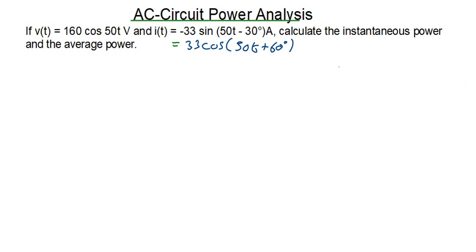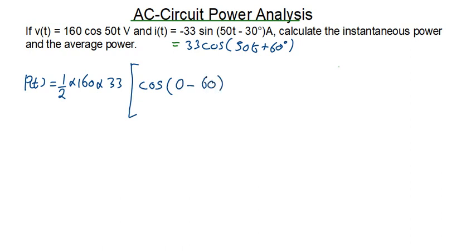We said that our instantaneous power p(t) was equal to 1 over 2 V max, in this case 160, multiplied by I max, which is 33. Then we multiply this by cos, where the first angle for the voltage is simply 0 minus the first angle for the current, which is 60 degrees.